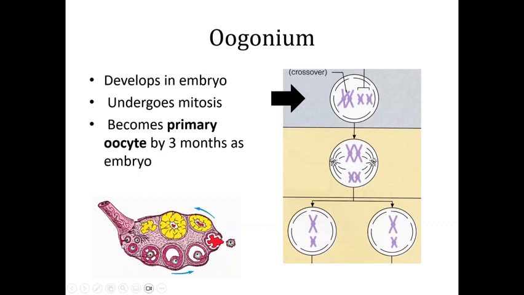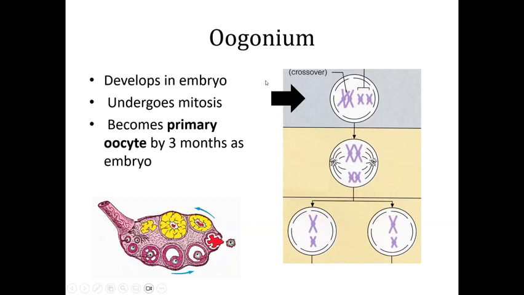And then during puberty, 1 or 2 are chosen per month to finish up the maturation process. So it's a halt in development. It's different than the production of sperm, which occurs after puberty.